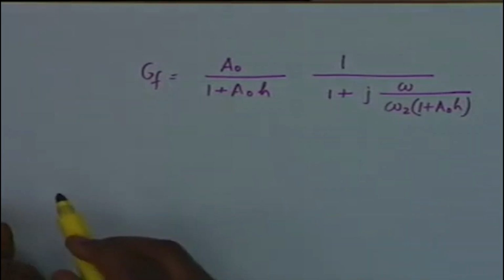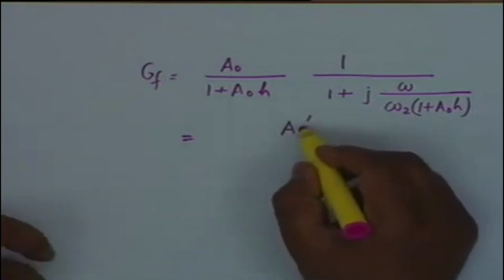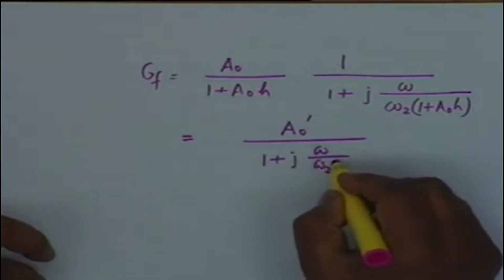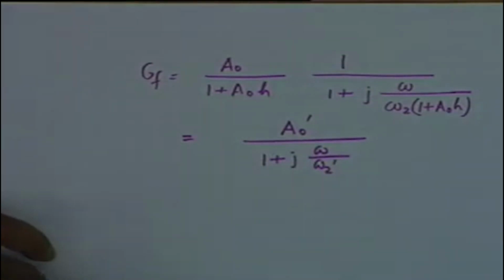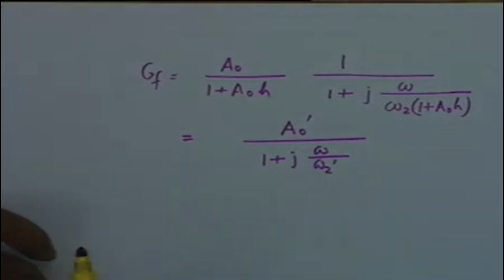If you notice, this is of the same form as the previous gain expression. We can write this as A0 prime divided by 1 plus j omega by omega 2 prime, where A0 prime obviously is the mid-band gain of the feedback amplifier with feedback, and omega 2 prime is the upper cutoff frequency of the amplifier with feedback.